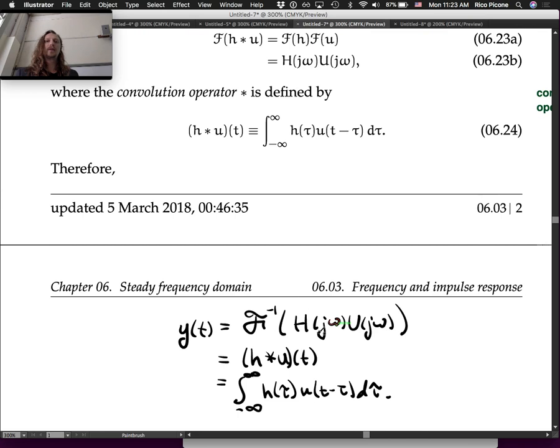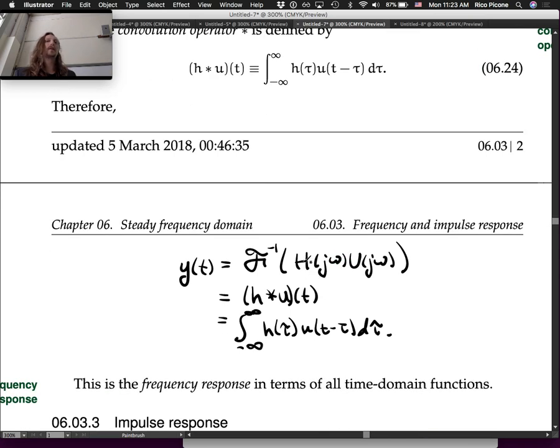The Fourier transform is the frequency response function, h of j omega, and it needs to be inverse Fourier transformed to get to the time domain, right? If you got to the time domain, it would be little h. So we've never even found a little h before, but it's a thing, right? It's the inverse Fourier transform of the frequency response function.